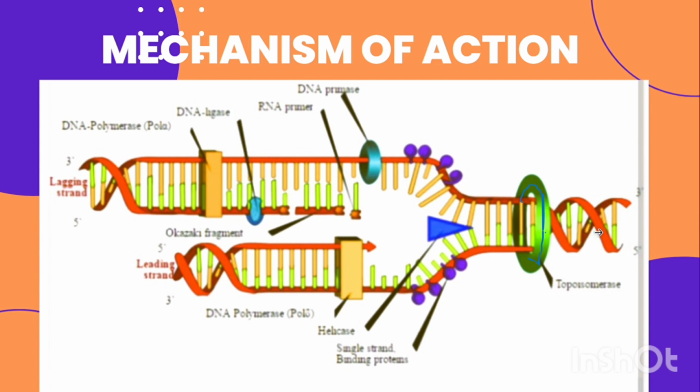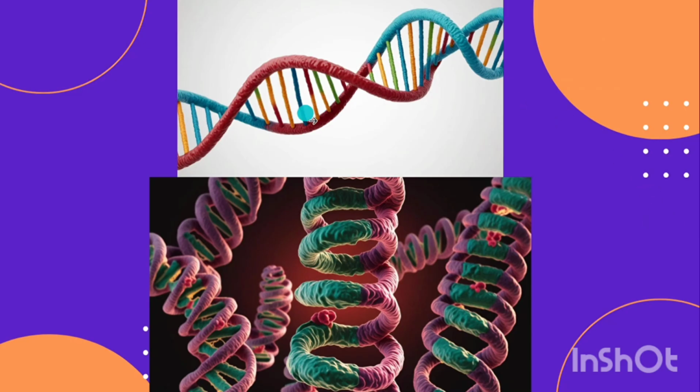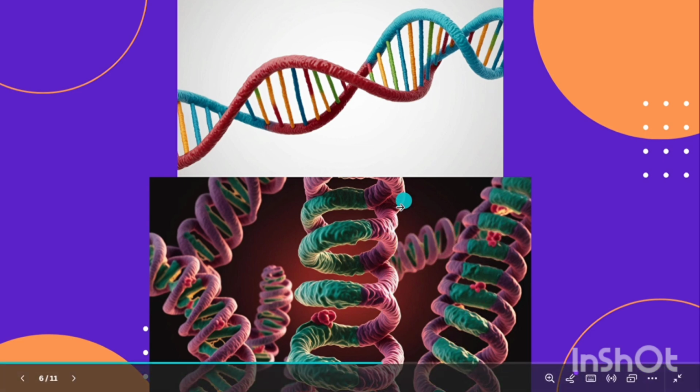Here in this picture you can understand what is the positive supercoiled form of DNA. This is the normal structure of DNA in the bacteria. As the replication fork moves forward, the double helical structure gets wound so closely, and this is called the supercoiled form of DNA.